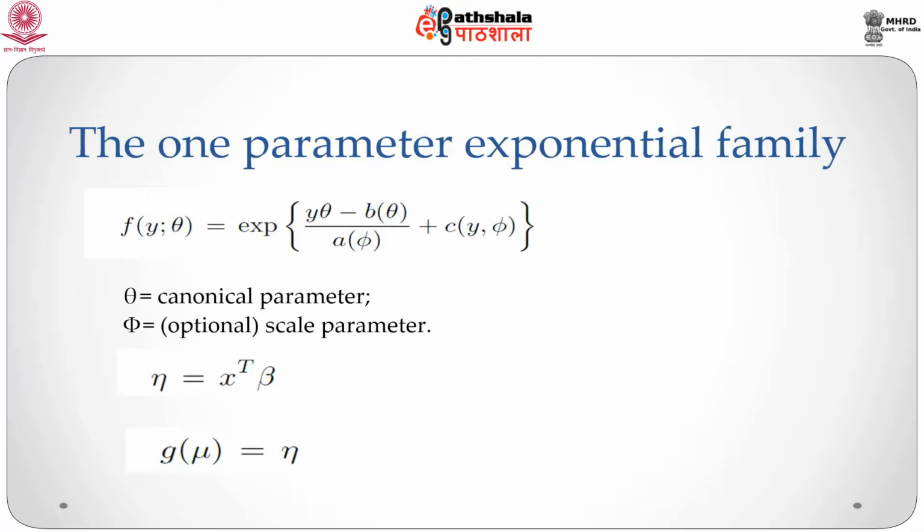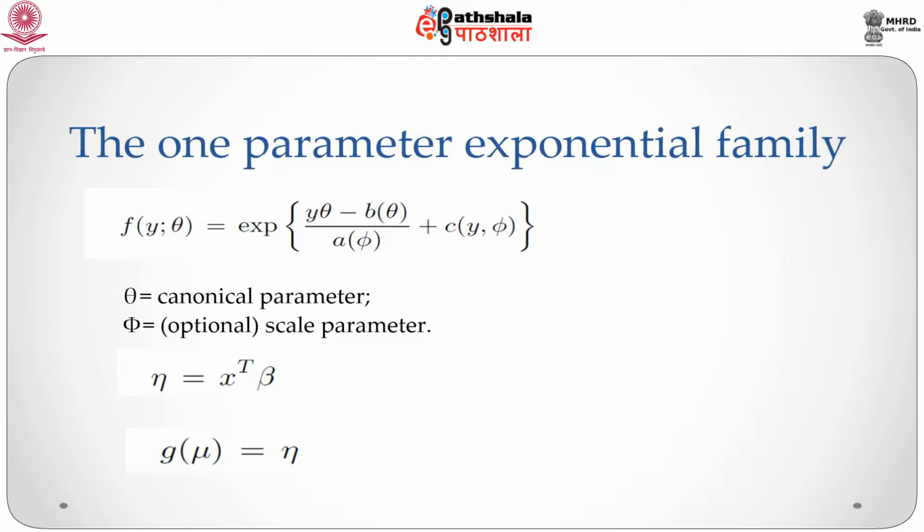Similarly, if we were to write out the Poisson distribution, you will see that in this case the canonical parameter turns out to be log of lambda, where lambda is the rate, and also in this case the log likelihood can be written entirely in terms of log lambda. So for the Poisson family also, it turns out that there is no scale parameter.